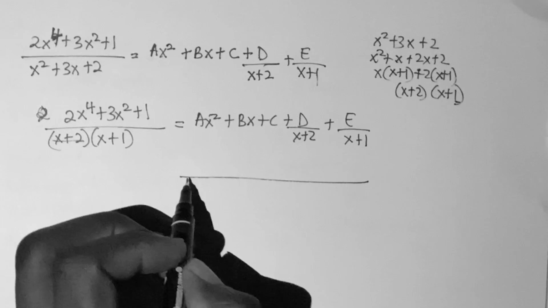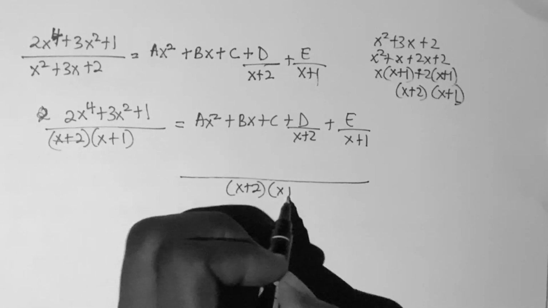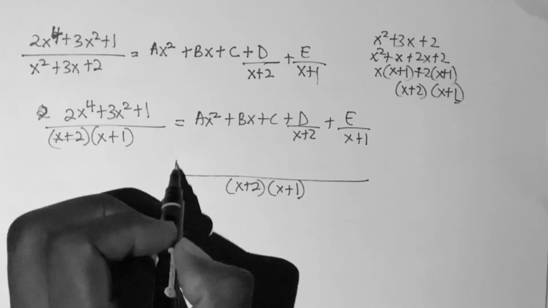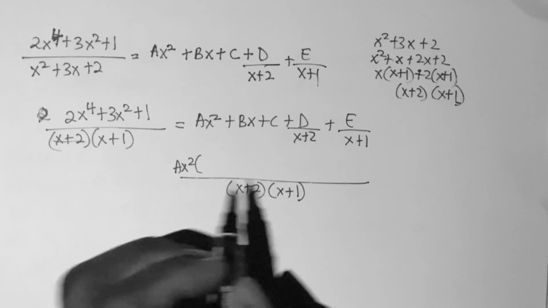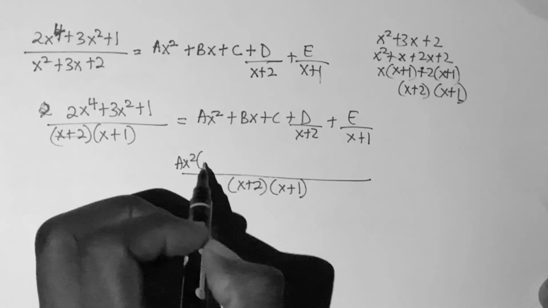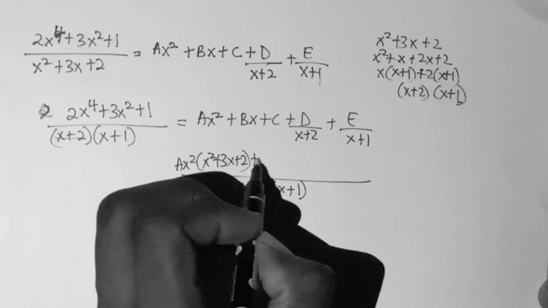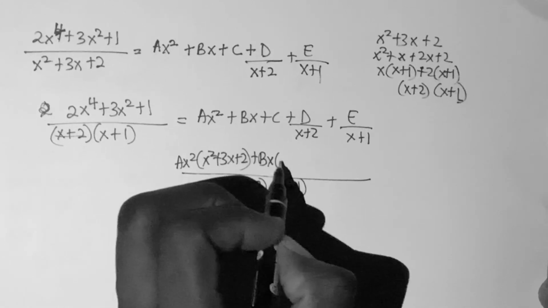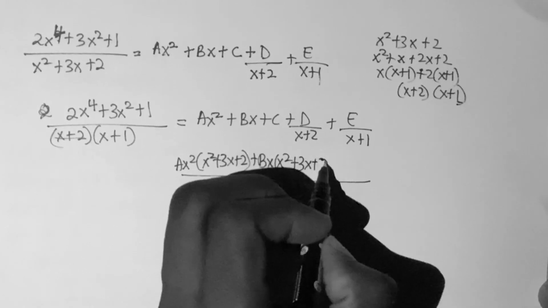So let's find the LCM. We have x plus 2 times x plus 1. So ax squared will multiply x plus 2 times x plus 1, which is the same as x squared plus 3x plus 2. And plus bx will also multiply the same thing, x squared plus 3x plus 2.